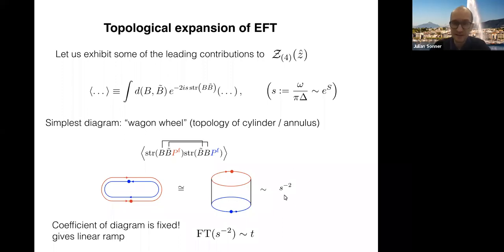Yeah, but you see, this diagram here is non-perturbative. So this is 1 over little s, but this is going to be energy. This diagram is e to the minus 2s suppressed, s being the entropy. So this is like a wormhole contribution.